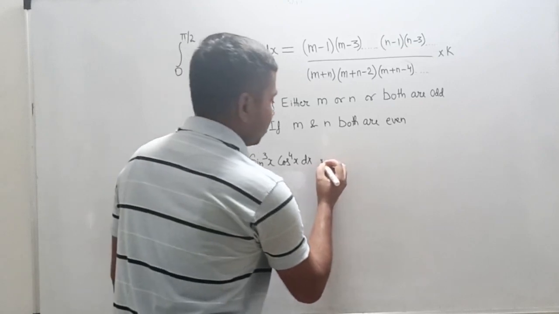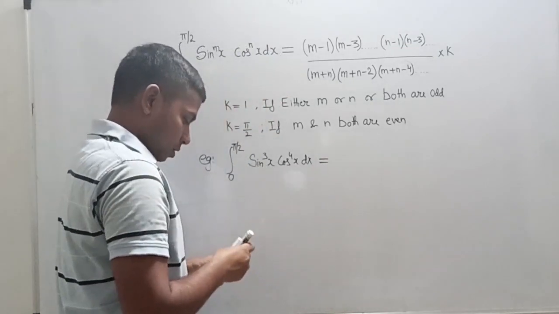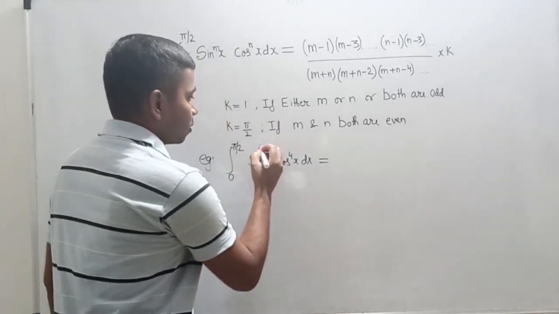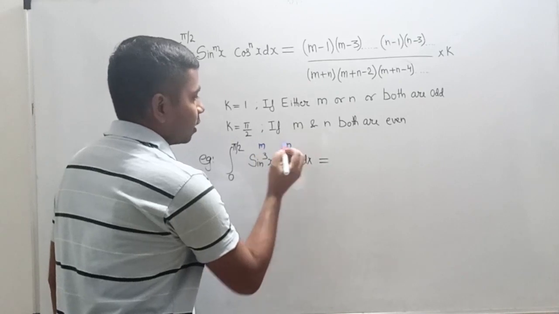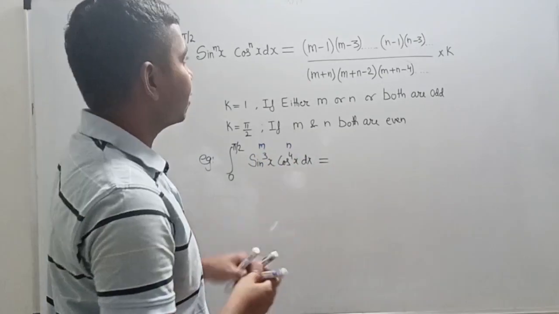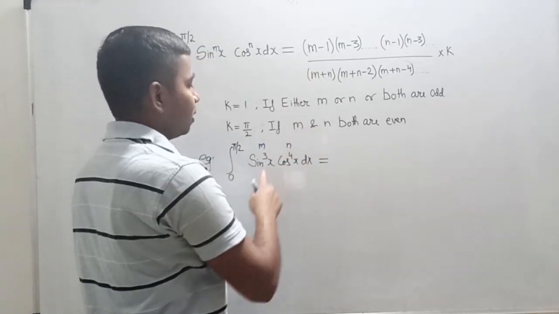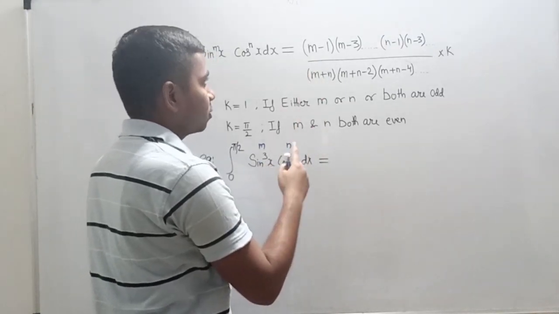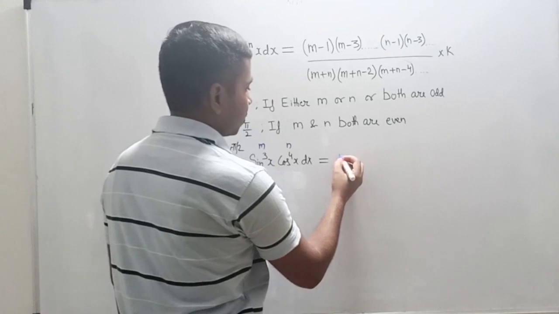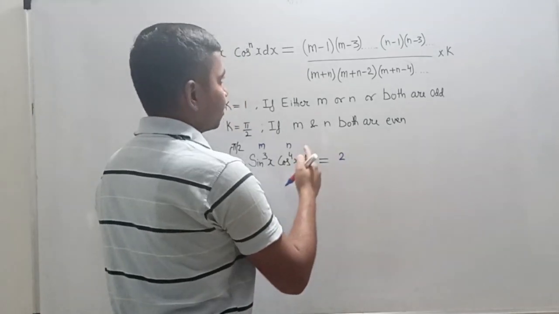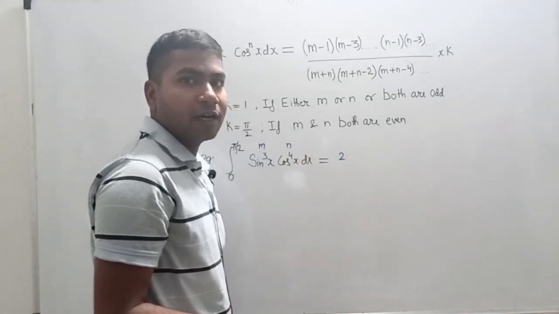So this will be equal to, you can see this is our m value and this is our n value. I can write it in the form of this formula. m minus 1 means 3 minus 1, which is nothing but 2, and then 3 minus 3 is 0, so we will not write that 0.